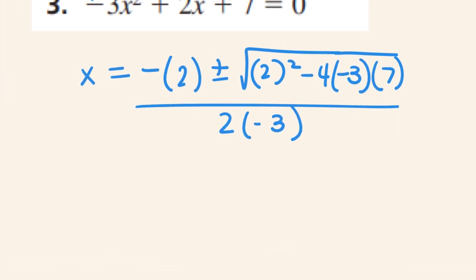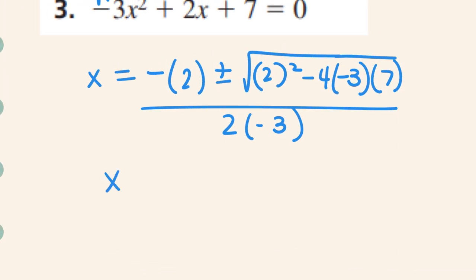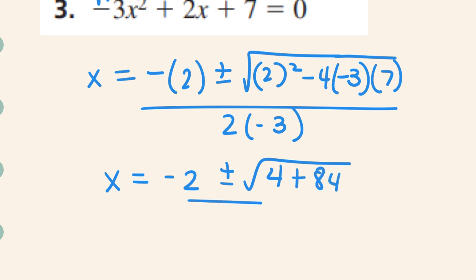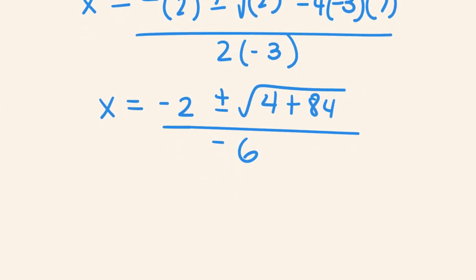Start simplifying this. We have x equals negative 2 plus or minus the square root of 4. Negative 4 times negative 3 gives me positive 12, and 12 times 7 gives me 84, and 2 times negative 3 becomes negative 6.